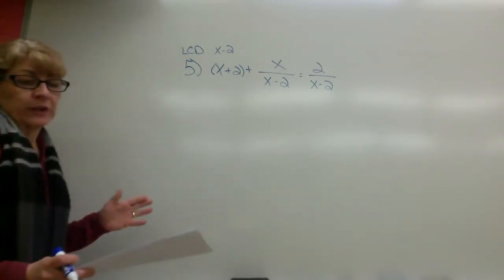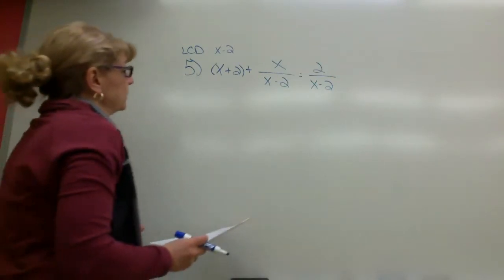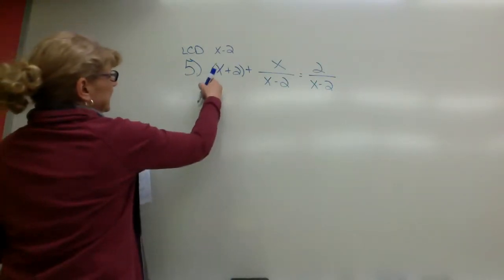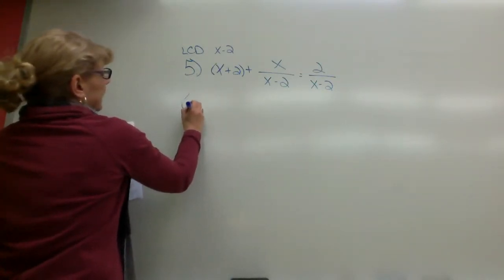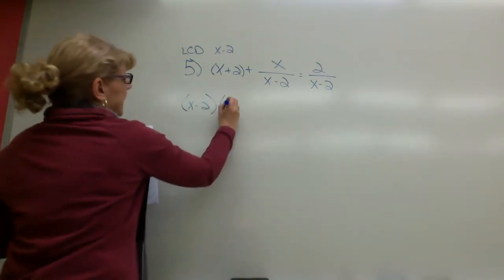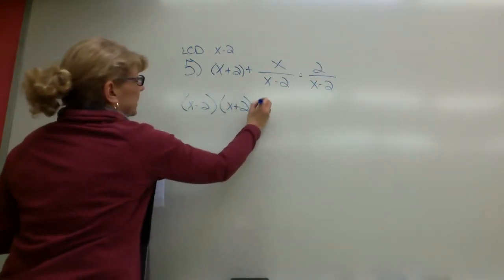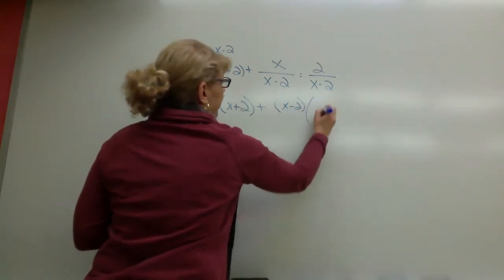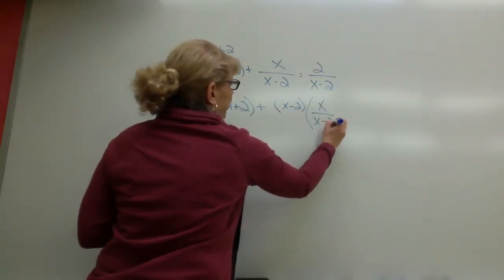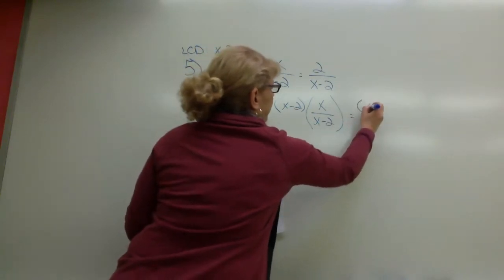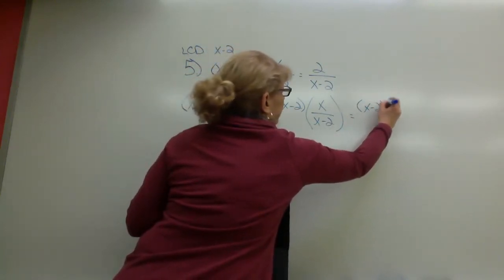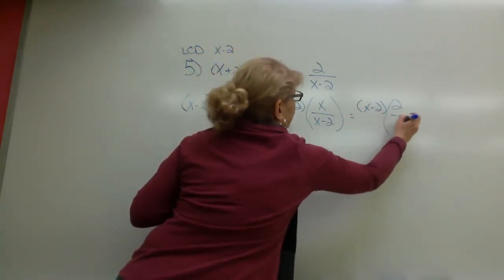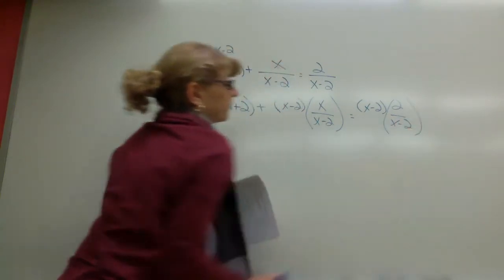You actually are doing the distributive property on each. So I will take this first, x minus 2 times x plus 2 plus x minus 2 times x over x minus 2 equals x minus 2 times 2 over x minus 2.